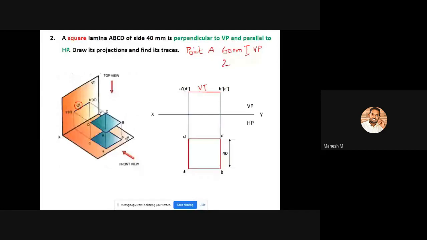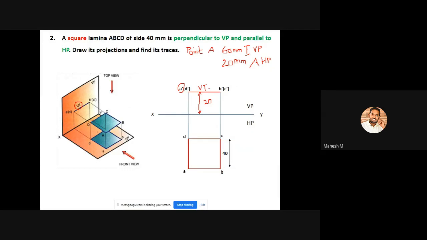For example, 60 mm in front of VP and 20 mm above HP. Please consider this as our condition. So the distance between the reference line and the front view should be 20 mm, because this point A condition is available in this problem. So point A is 60 mm in front of VP and 20 mm above HP.